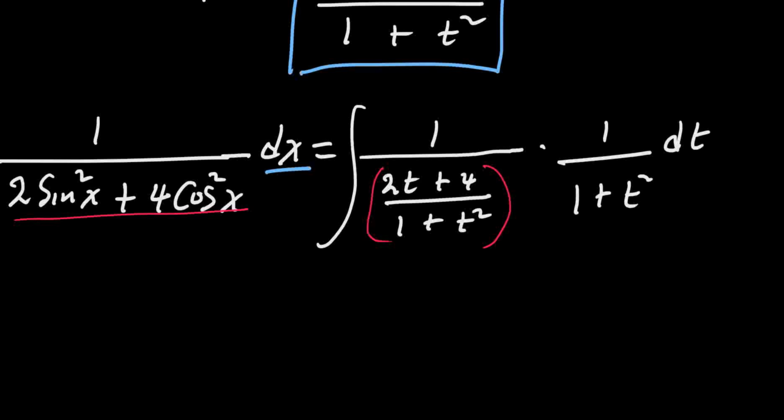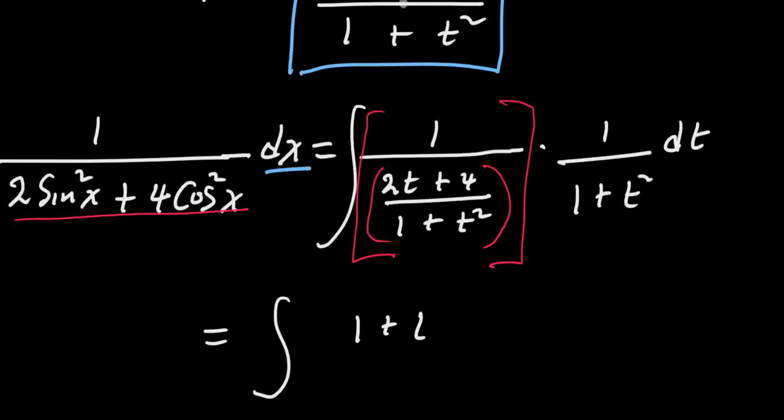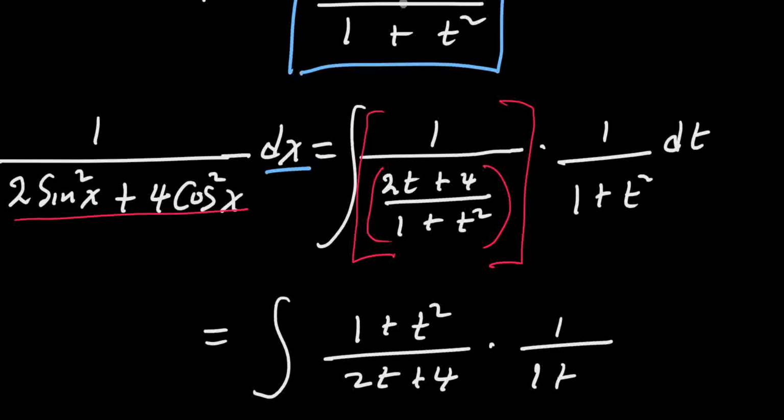So if we simplify the whole of this, then this will be equal to the integral of 1 plus t squared over 2t squared plus 4 times 1 over 1 plus t squared dt.